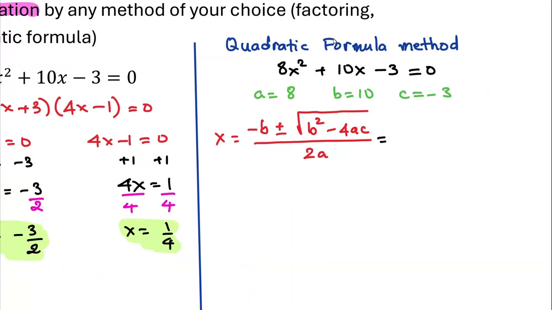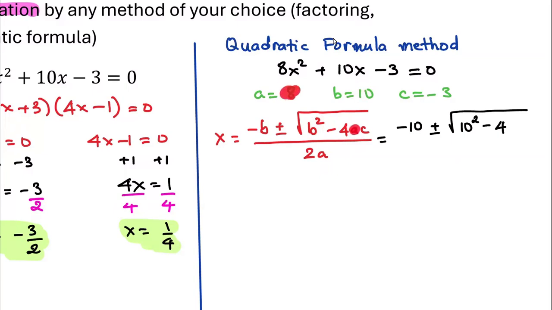So I get b is 10, so the negative b becomes -10, plus or minus square root of b squared will be, again, 10 squared, minus 4 times ac.